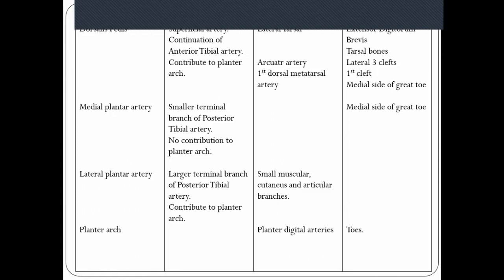After running across the foot, it terminates by passing downwards into the sole between the two heads of the first dorsal interosseous muscle.